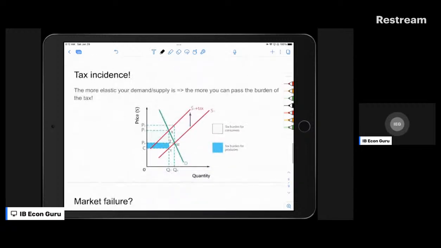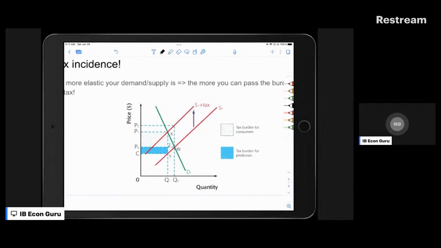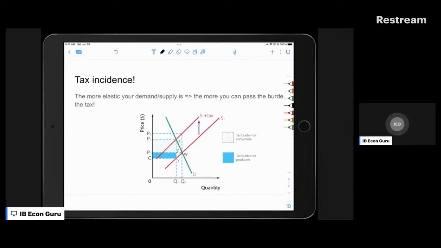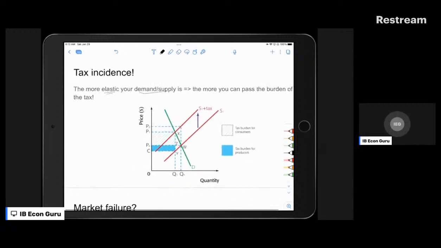All right, tax incidence. This isn't as explicit in the new syllabus, but if you understand it, it will do you a lot of good when you talk about taxes and when you evaluate. Remember, the more elastic your demand or supply is, the more you can pass the burden of the tax.